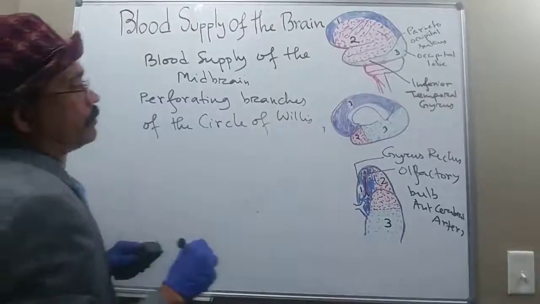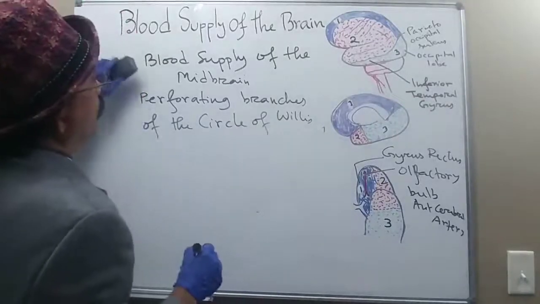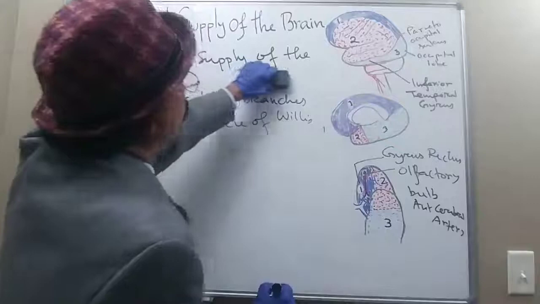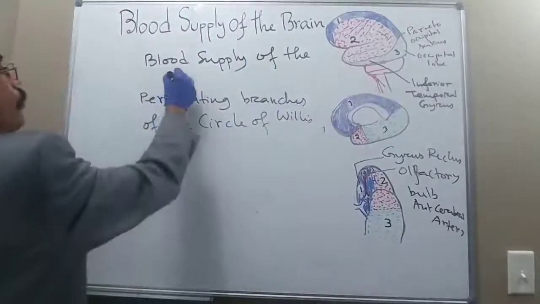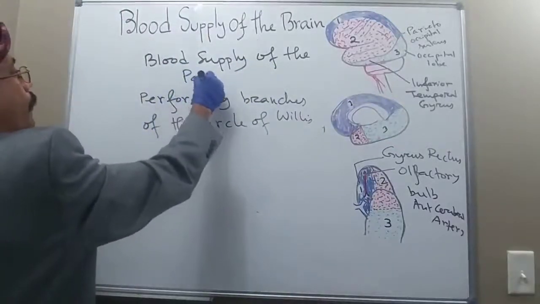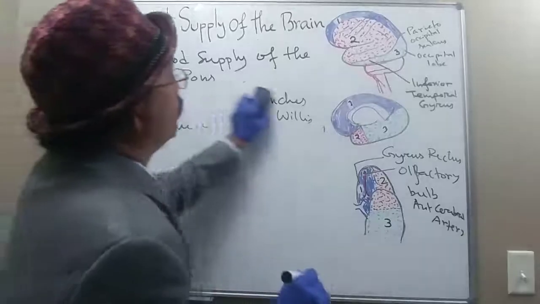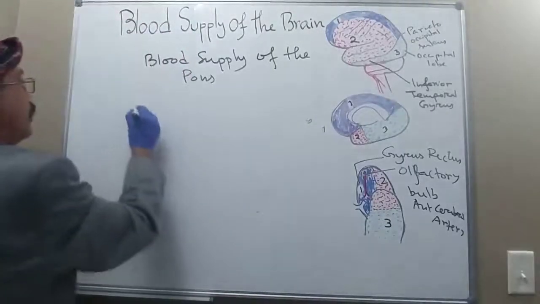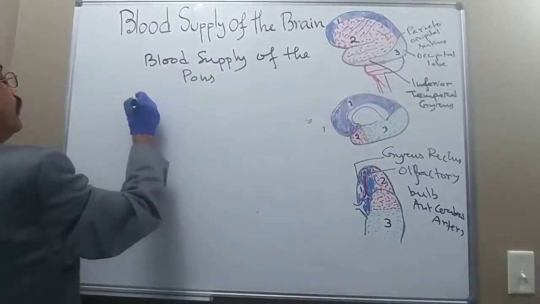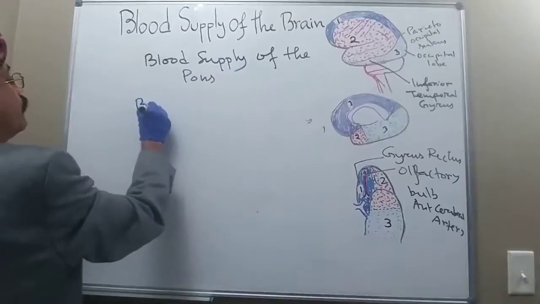Okay. Then we'll go to the blood supply of the pons. Pons is supplied by the branches of the basilar artery.